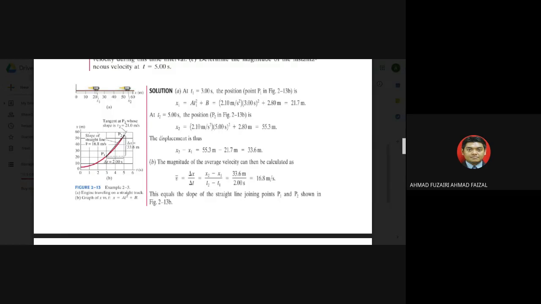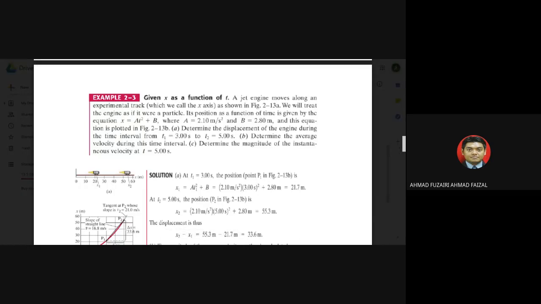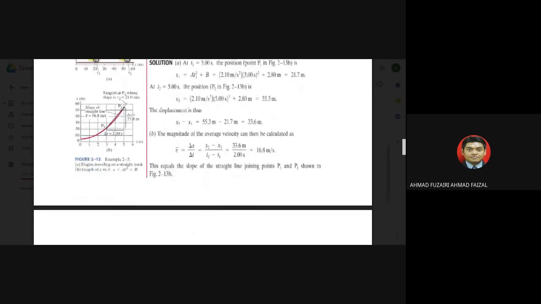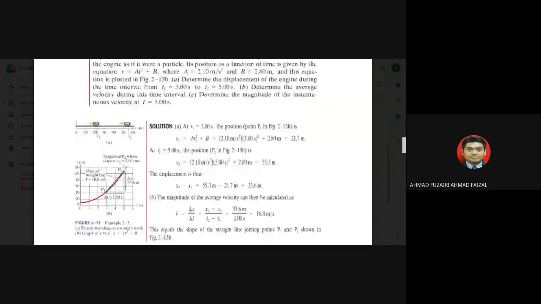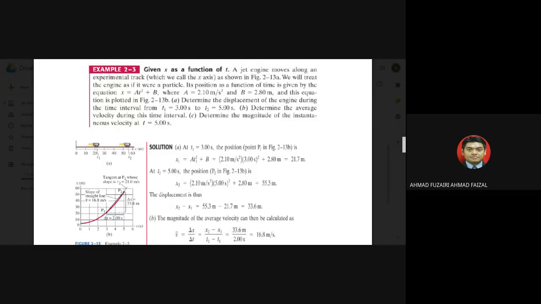So definitely you can get average velocity. Sebab average dalam soalan ni, average velocity merujuk kepada the time interval. Time interval bila? 3 to 5 seconds sahaja, bukan keseluruhan 3. Okay? Bukan keseluruhan 3.